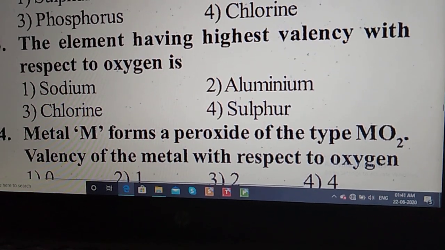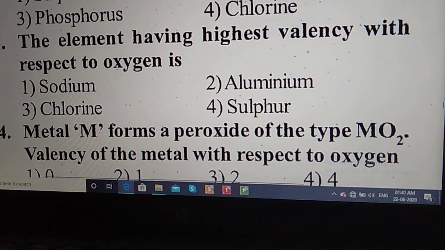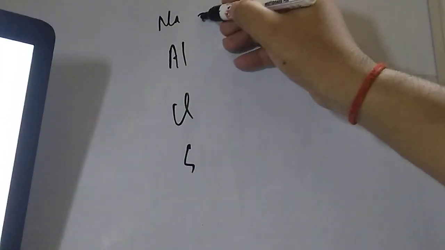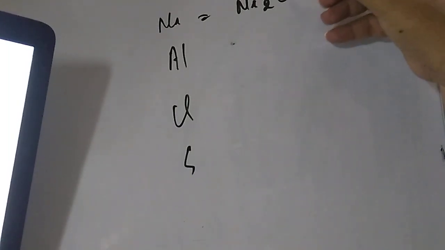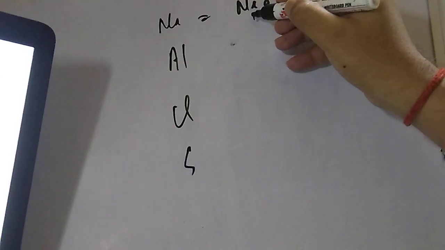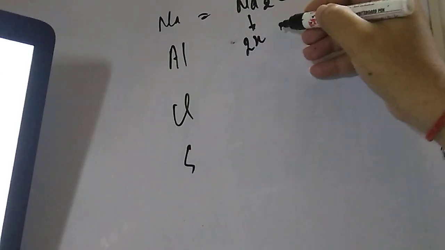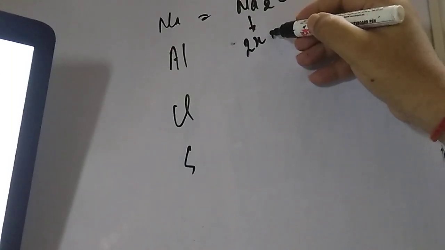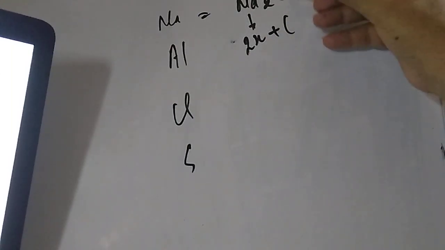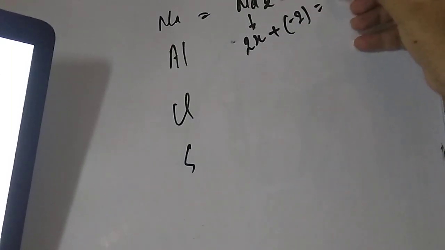So let us check the element having the highest valency with respect to oxygen. Let us see on the board, student. Sodium, with oxygen, will form Na2O. If you talk about the valency of sodium, student, how much is it? Let it be x. So 2x, plus oxygen has -2, equal to 0.